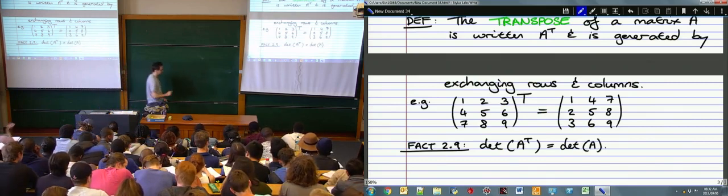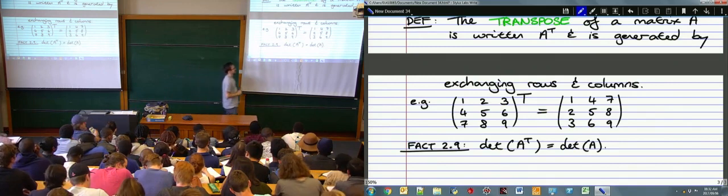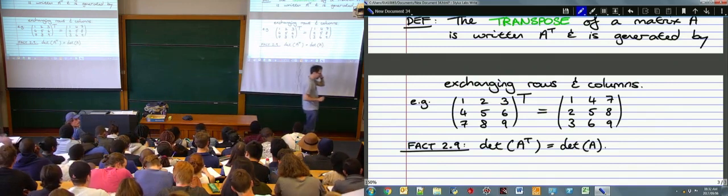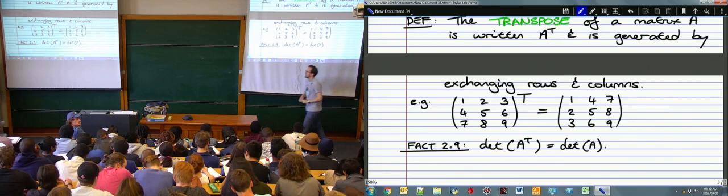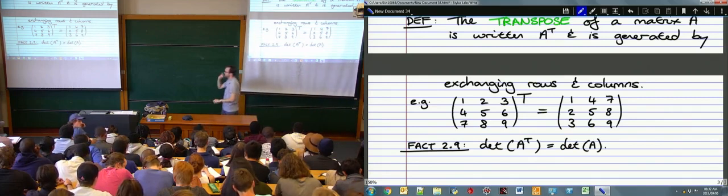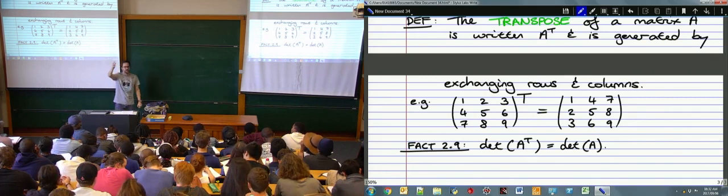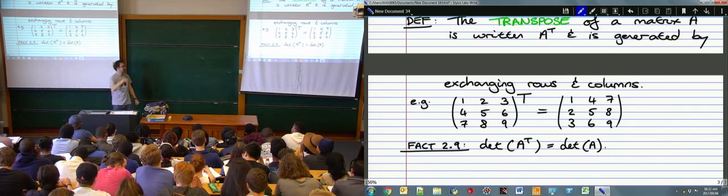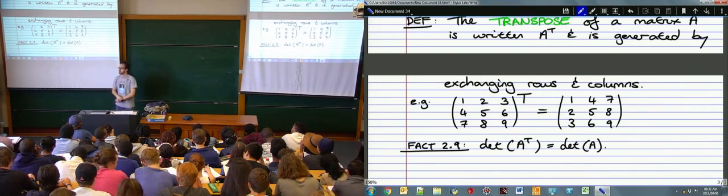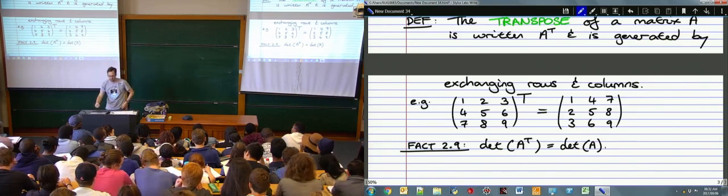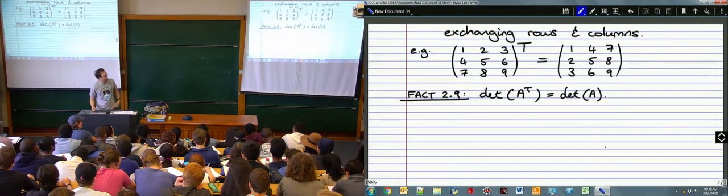You take the determinant of A transpose, that's the same thing as the determinant of A. And I'll explain why this is true for the 2x2 case and the 3x3 case, and then you can maybe just accept that it will work for the 4x4 and 5x5 case in a similar way. So let's take a look at the explanation here.